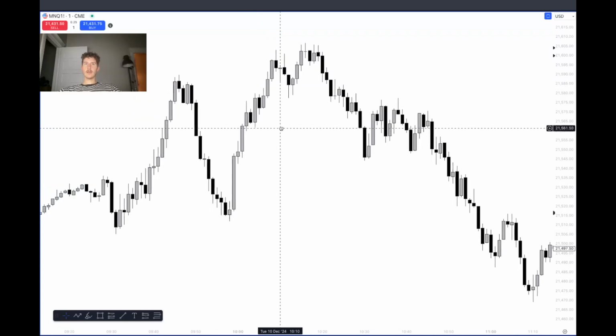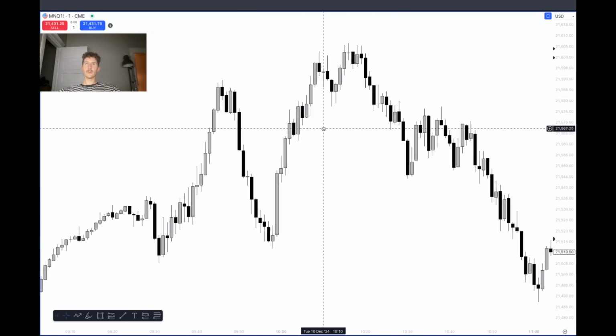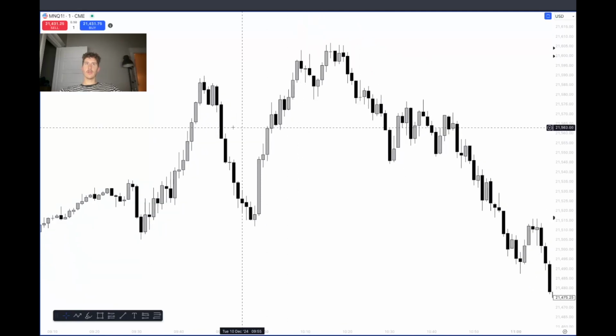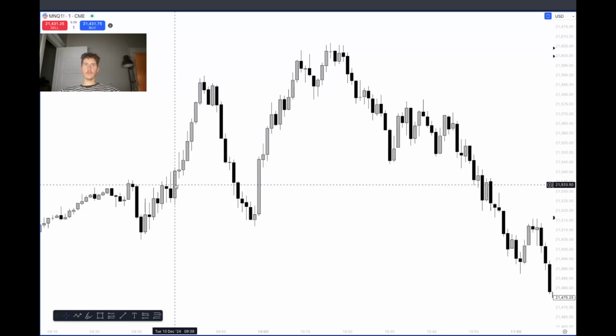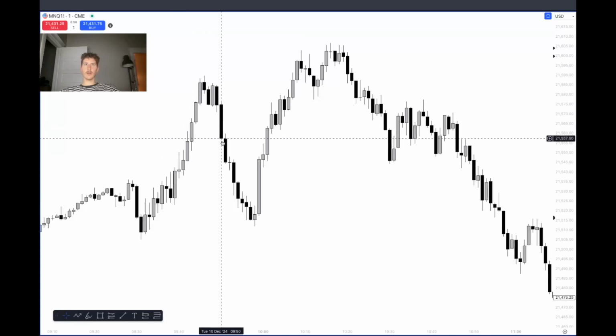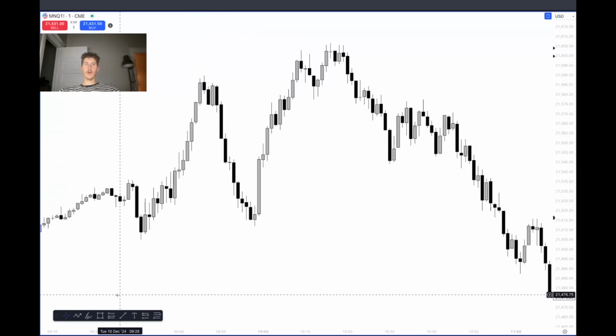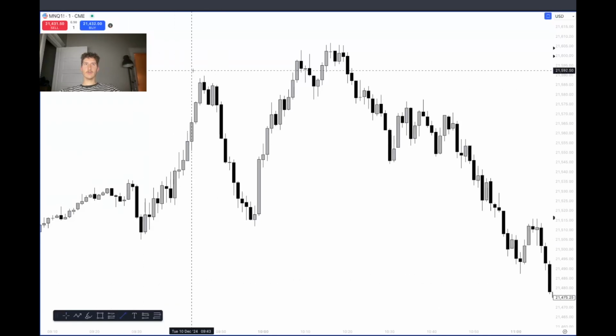So in candlestick structure, the first thing you're going to need to be looking for is the difference between your bullish and your bearish candles. If you want to identify a high, and this is going to be a shock to a lot of you, because if you were in my previous mentorship, I used to use candlestick structure a little bit differently.